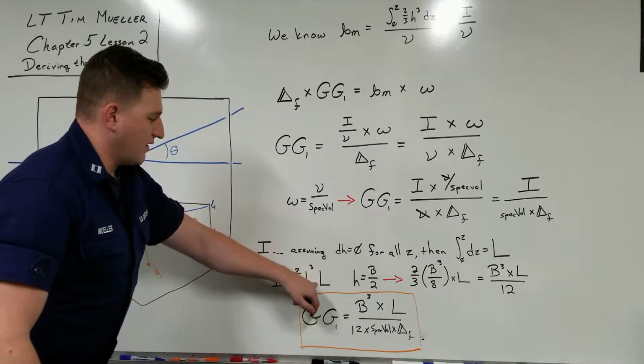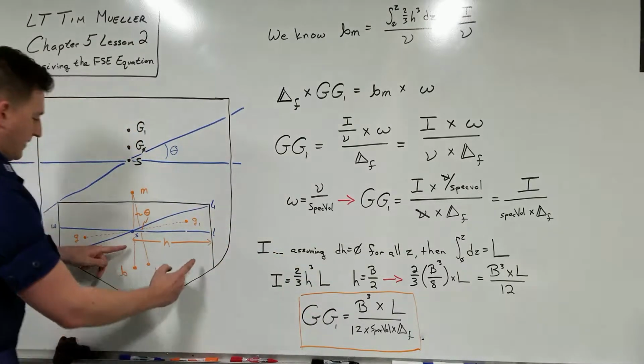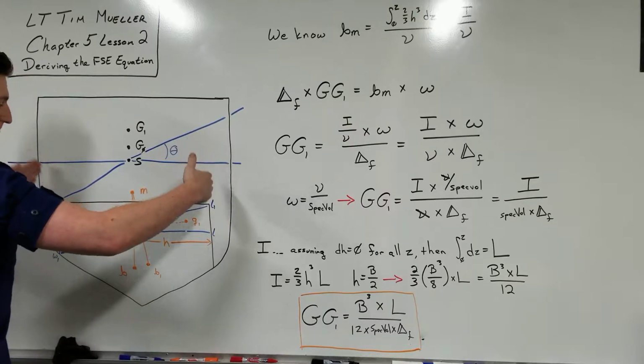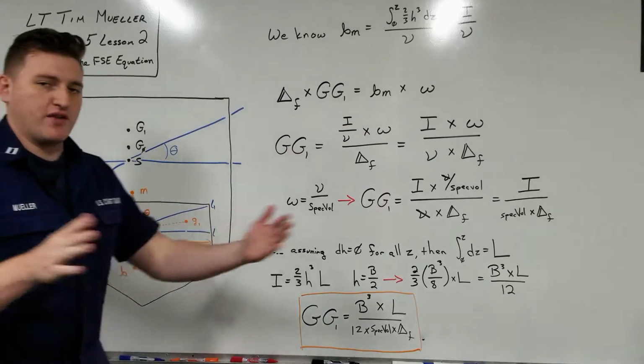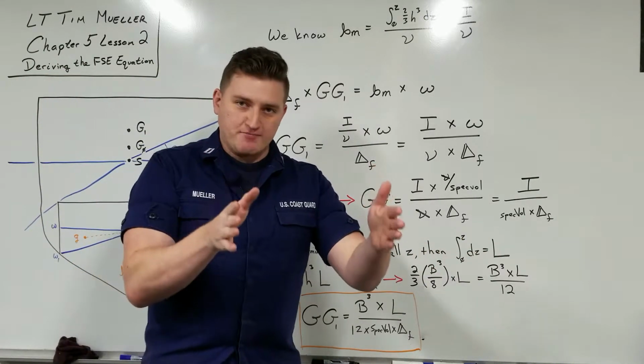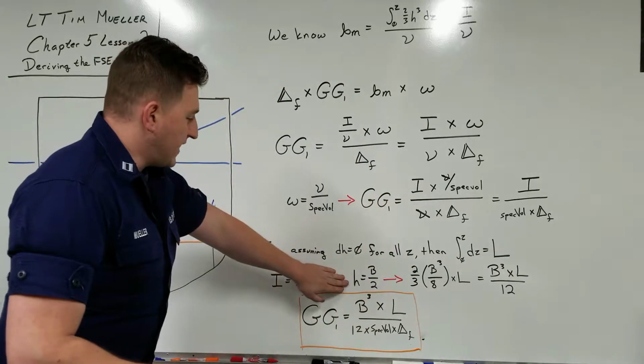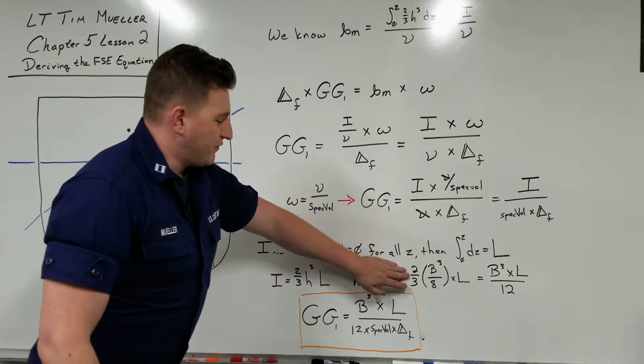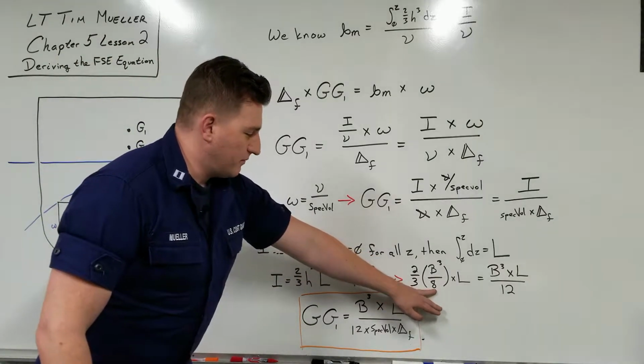H cubed times L. If we know that h is just half of b, or capital B being the entire width of that compartment, and h just being half of it, we stick it into the formula for I. Now we have 2/3 times h cubed.